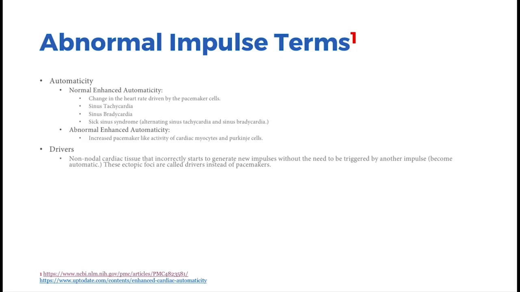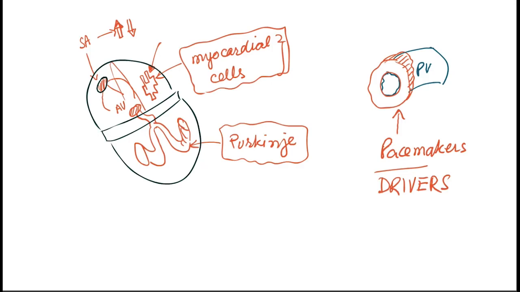Then, of course, we talked about it last time, re-entry. In the re-entry, I will not go in detail. Re-entry is of so many types and due to so many pathologies. At our level, this is sufficient to say that if the impulse travels through, let's say, these are the two pathways, and I make this all the time, so I hope you have become familiar with this diagram now.